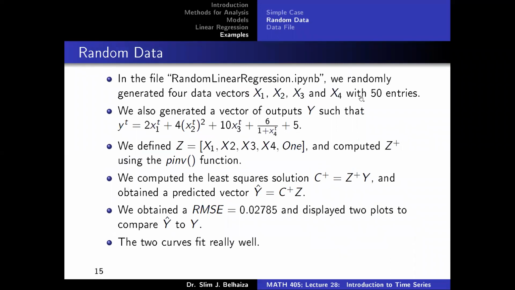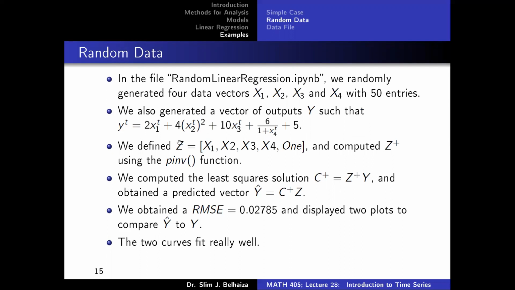The second case is about random data. In the file random linear regression, we randomly generated 4 data vectors, x1, x2, x3, and x4, with 50 entries each. We also generated a vector of outputs y such that y_t is equal to 2x1 plus 4x2 squared plus 10x3 plus 6 over 1 plus x4, plus 5.